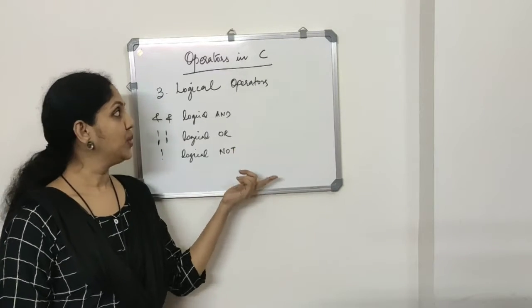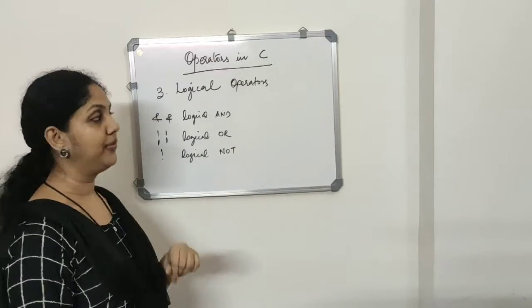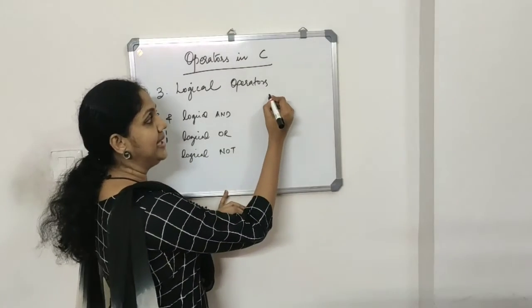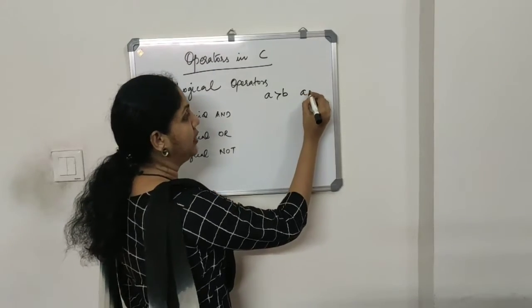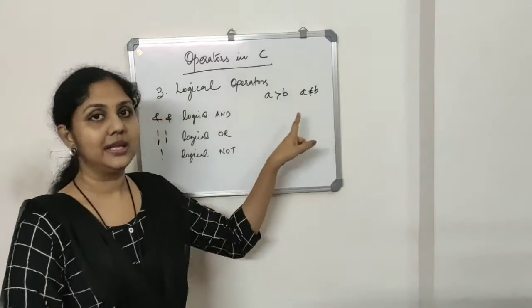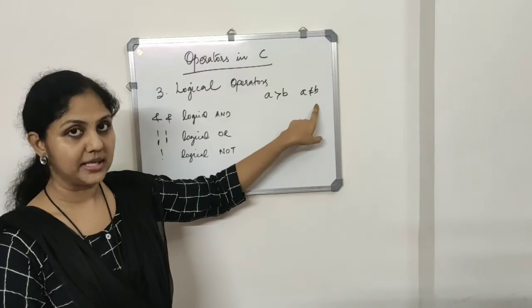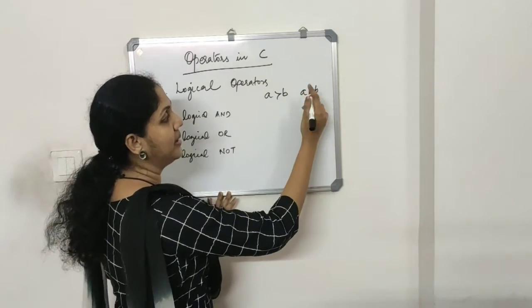Now let's see how we use these logical operators with the help of an example. We have seen A greater than B, A not equal to B. All these we have used relational operators here. So not equal to we can represent like this.